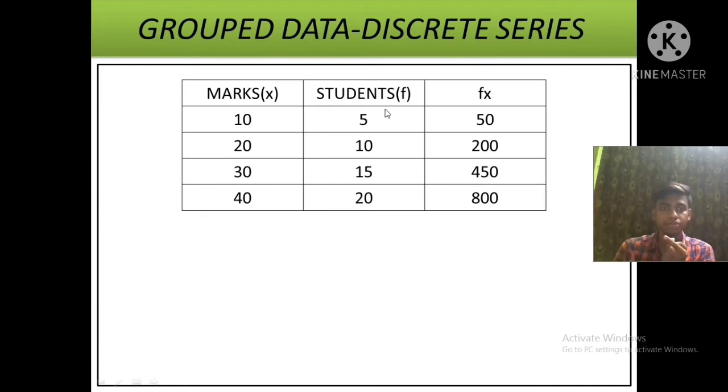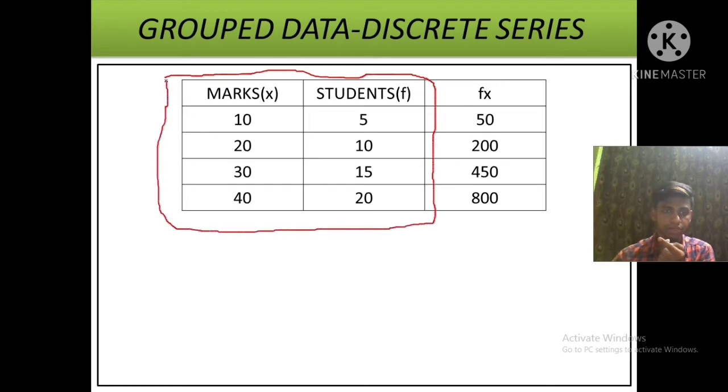Now we'll do the grouped data discrete series math. Suppose in the examination your teacher gives you only this table and asks you to find the arithmetic mean.